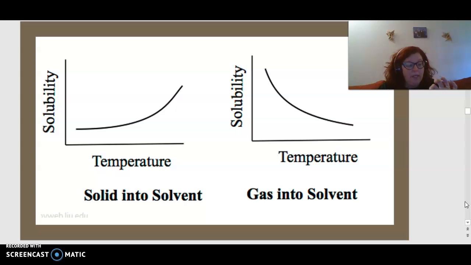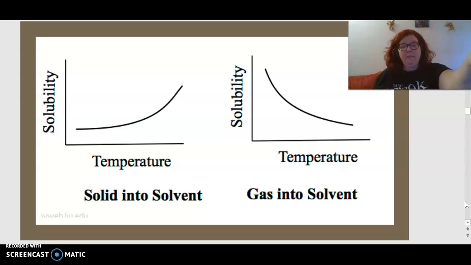Again, a last little hint from Mrs. Robinson is this. If it is a solid in a solvent, as you increase the temperature, you increase solubility. We proved that with our little salt pellet.